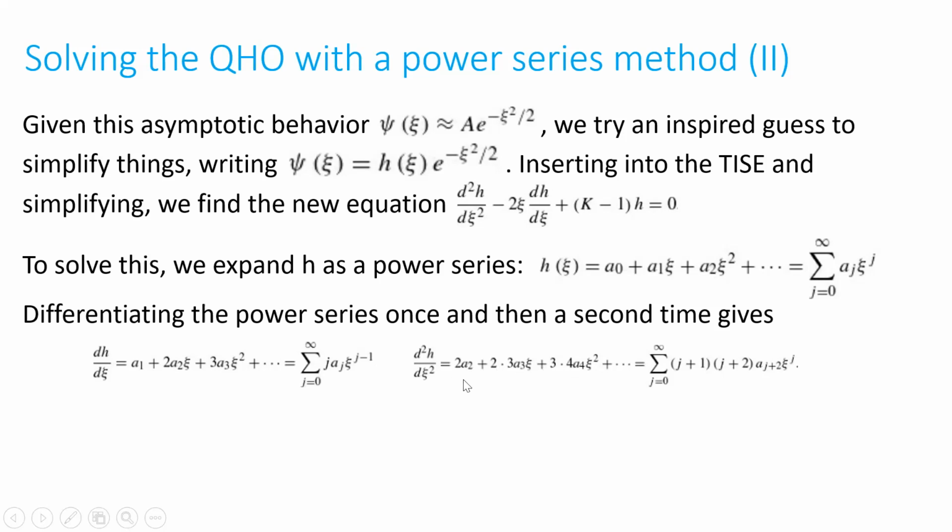And then we can also represent this in terms of the arbitrary j as the sum of j equals 0 to infinity of j plus 1, j plus 2, a to the j plus 2, c to the j.